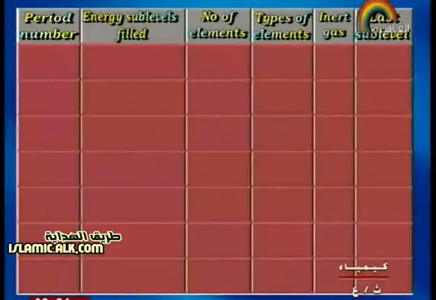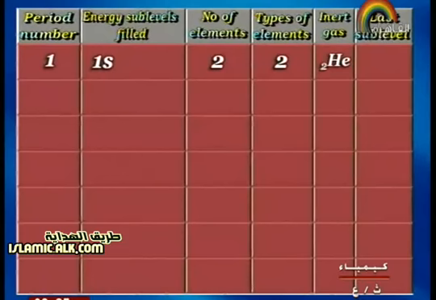Now, my dear students, we can make a summary for this revision on the long form periodic table. In period number 1, the energy sublevel filled is 1s, and it contains two elements and two types of elements, which are representative and inert gas.